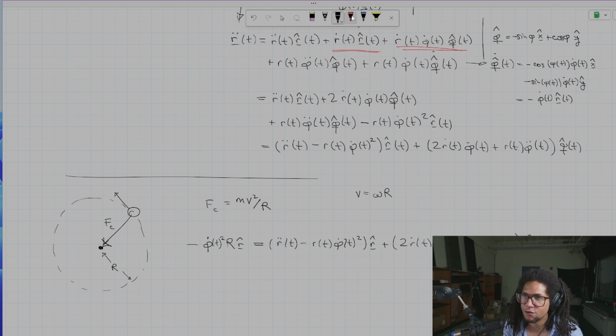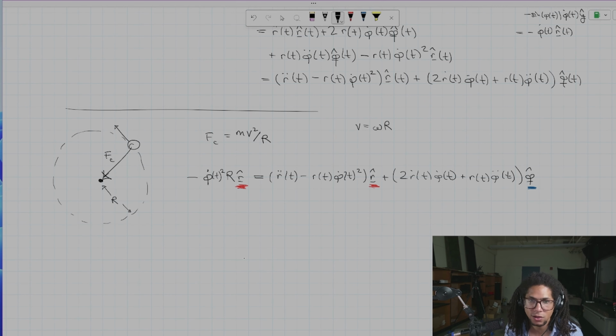Okay, now this is a vector equation, so it breaks into two components: its r component and its phi component. But notice the left-hand side has no phi component, so we can break this into two parts.